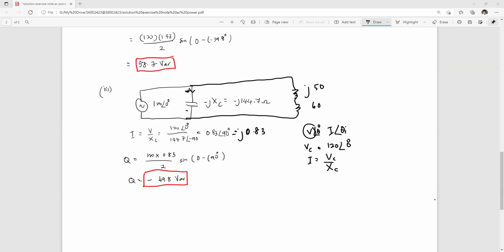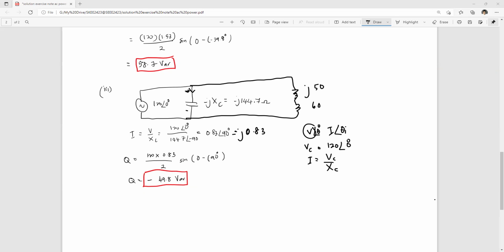This is related to the previous example. I have my source and my load, which is RL, with P of 2.56 kilowatt, while the inductive load has a reactive power of 1.089 kvar. This is positive.